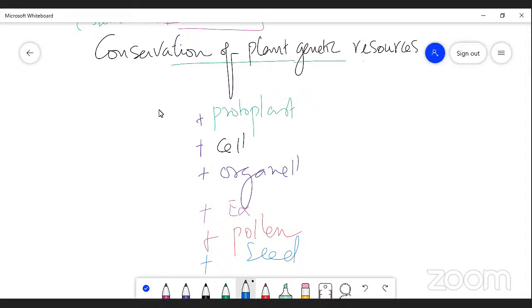That is called conservation of plant genetic resource.